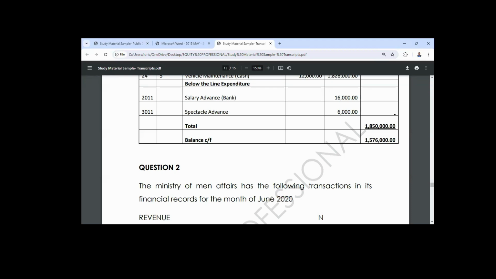But based on my experience, in public sector accounting and finance, there are some topics that I don't joke with. Every diet, questions on those topics normally come out.